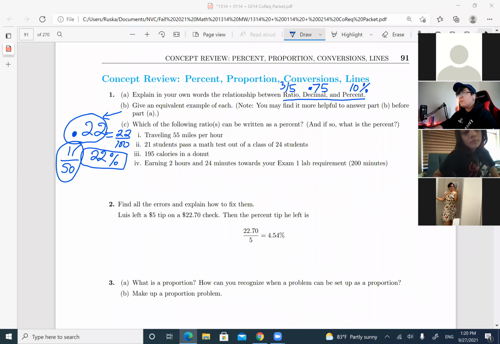Yes or no? No? Okay. How about the next one?